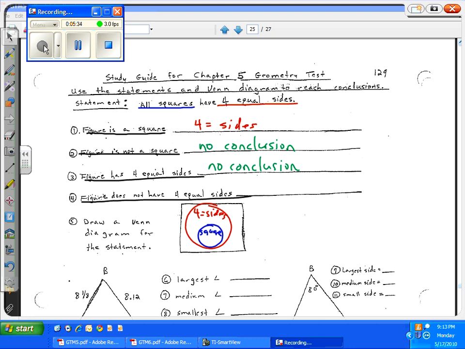Now, if it does not have four equal sides, then it has to be outside the big circle. If it's outside the big circle, there's no way it can be inside the little circle. So if it does not have four equal sides, we can reach a conclusion, and the conclusion is that it is not a square.